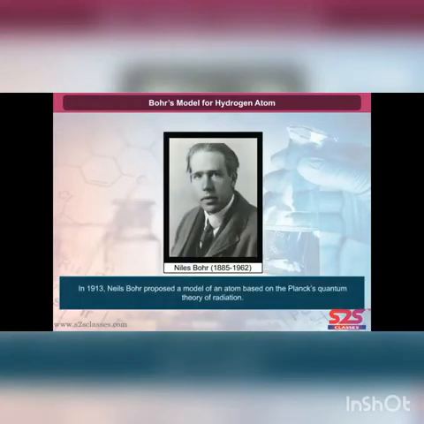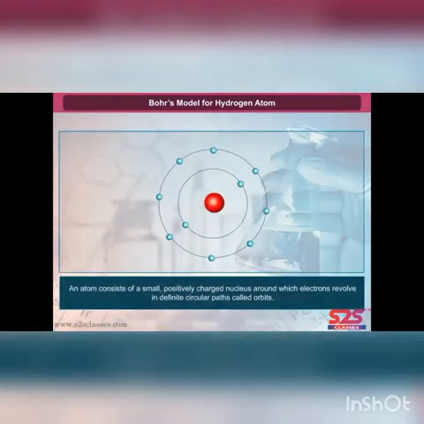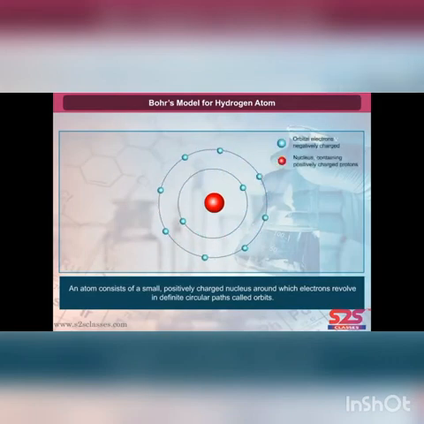Bohr's model for hydrogen atom. In 1913, Niels Bohr proposed a model of an atom based on the Planck's quantum theory of radiation. An atom consists of a small positively charged nucleus around which electrons revolve in definite circular paths called orbits.